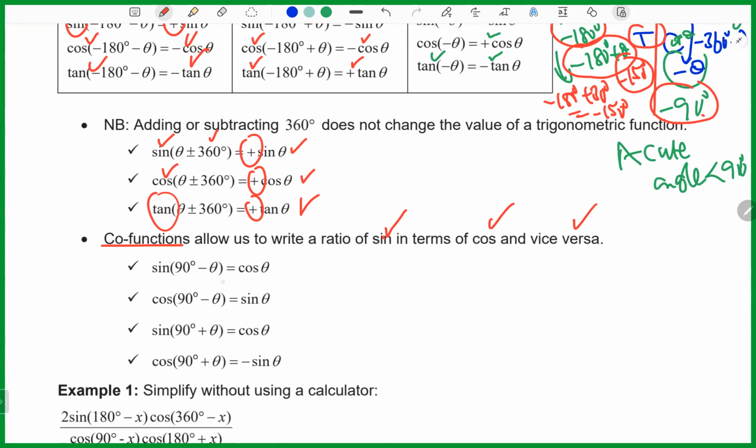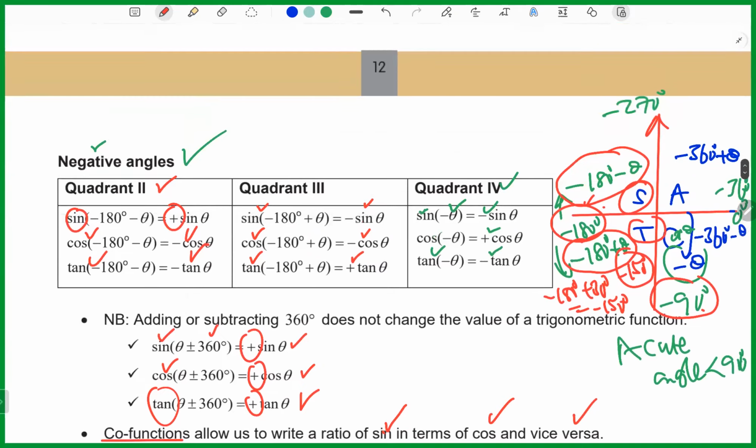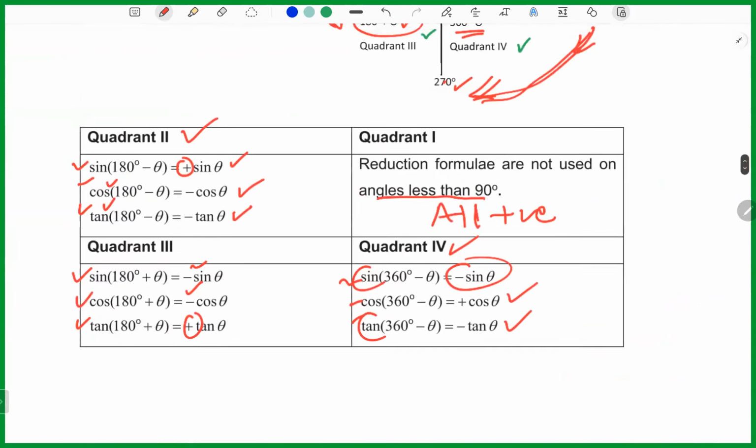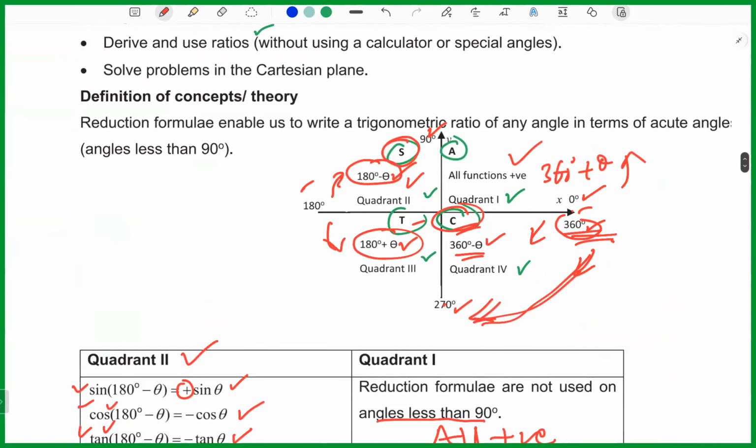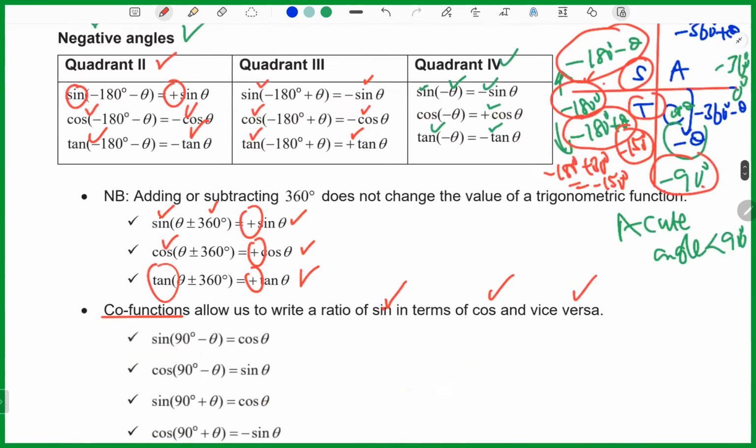In which quadrant is that one, right? So 90 minus theta is actually in the first quadrant, because if you have these 90 degrees and then you have 90 degrees minus, it's in the first, where everything is positive, right?